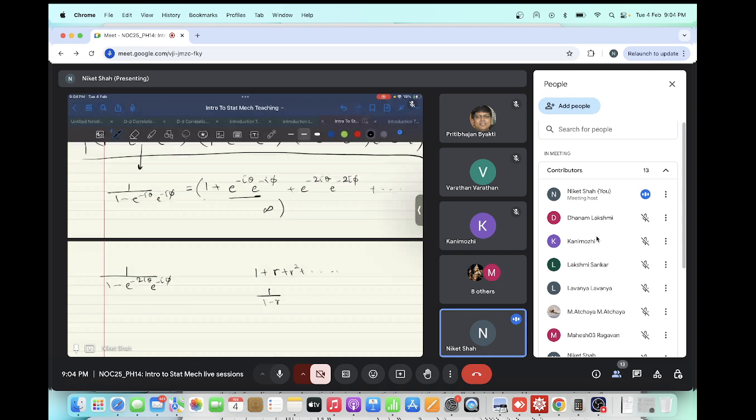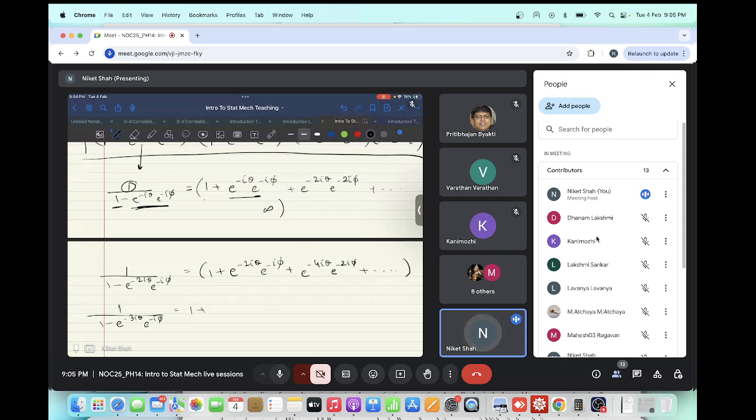Similarly, for this second term, the GP will be 1 plus e raised to power minus 2 I theta e raised to power minus I phi plus e raised to power minus 4 I theta e raised to power minus 2 I phi plus so on and so forth. The third term will be 1 minus e raised to power minus 3 I theta e raised to power minus I phi is equal to 1 plus e raised to power minus 3 I theta e raised to power minus I phi plus e raised to power minus 6 I theta e raised to power minus 2 I phi plus dot dot dot.